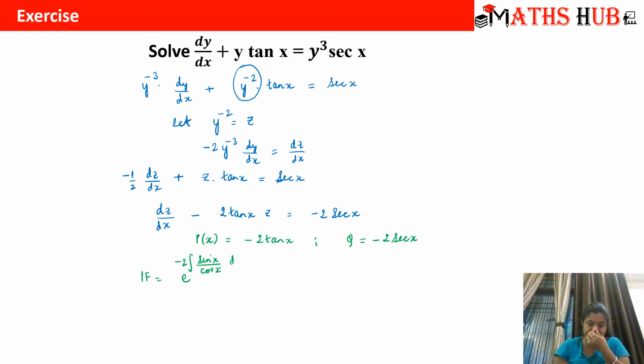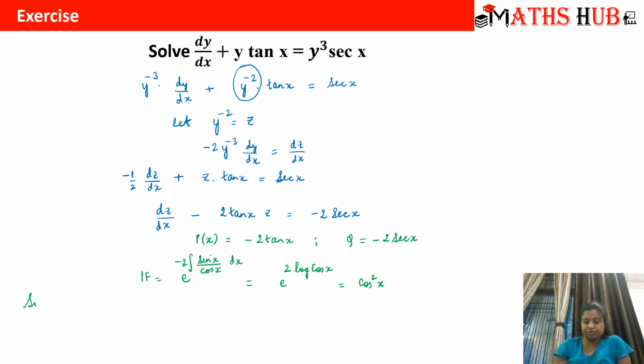And we can clearly see that this is e raised to power 2. Cos x derivative is minus sin x, so I can write this as 2 log cos x. So that turns out to be e raised to power log cos x square. So it is basically cos square x, right?